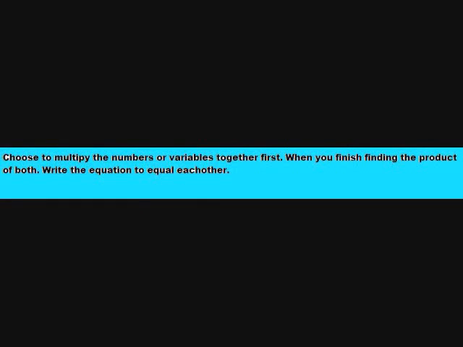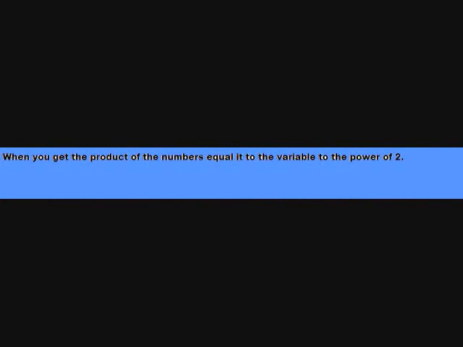When you're done setting up your proportion, you can choose to multiply the numbers or variables together first. When you finish finding the product of both, write the equation to equal each other. When you get the product of the numbers, equal it to the variable to the power of 2. After you're done with that step, you have to divide from each side.